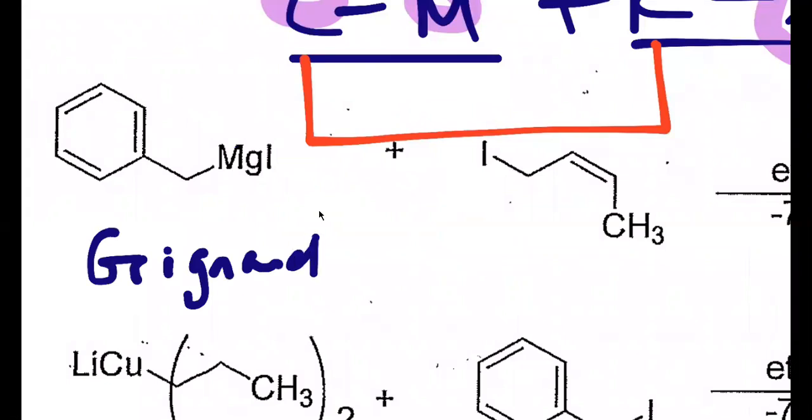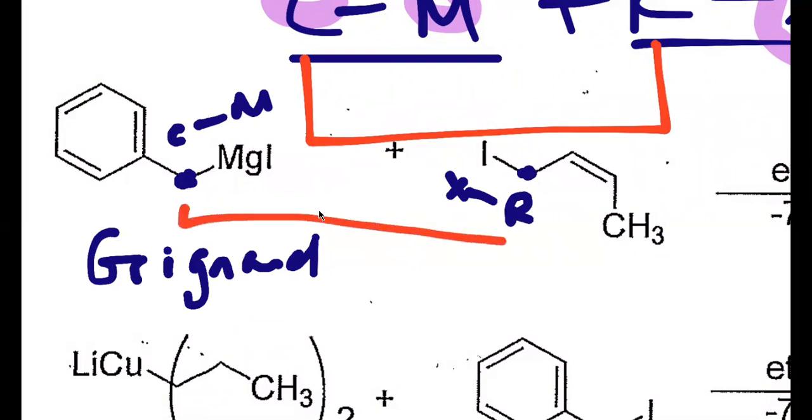So CM is this carbon right here, which is bound to magnesium. And RX, if I find my leaving group, which in this case is iodine, is that. These two carbons are what I'm trying to put together.